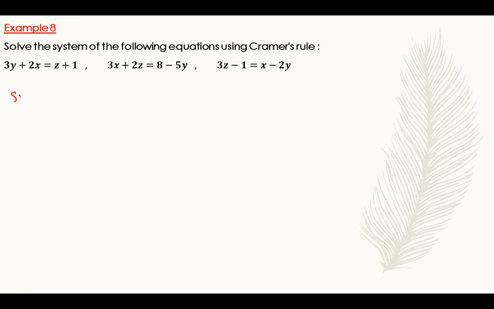Solution. First, we are going to write each equation in the form of x, y, and z. So we write 2x plus 3y, and z will go to the other side, so minus z equals 1.